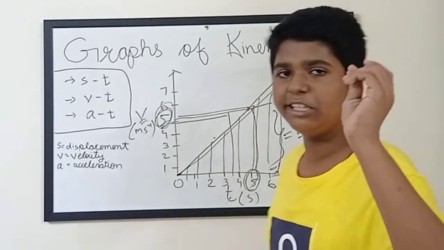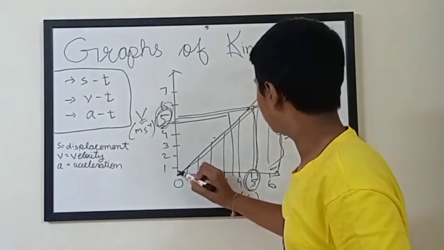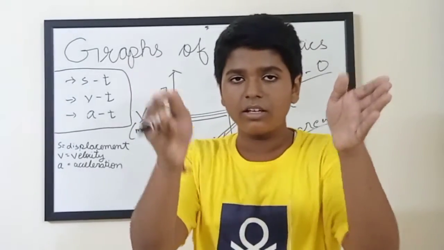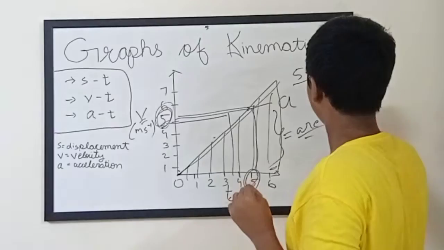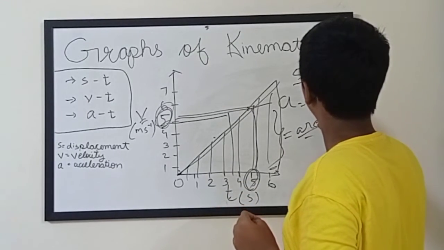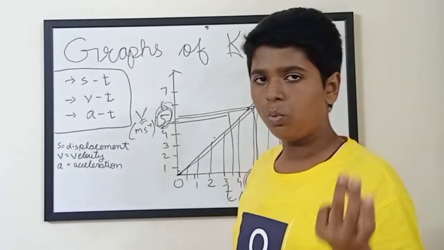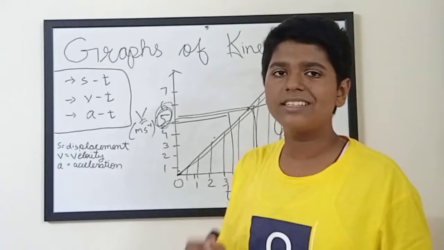What is the initial velocity of the object? Initial velocity of the object is 0. Okay, 5 minus 0 divided by the time taken. What is the time taken here? The time taken here is 5 seconds. 1 meter per second square is the acceleration here. It's as simple as that.